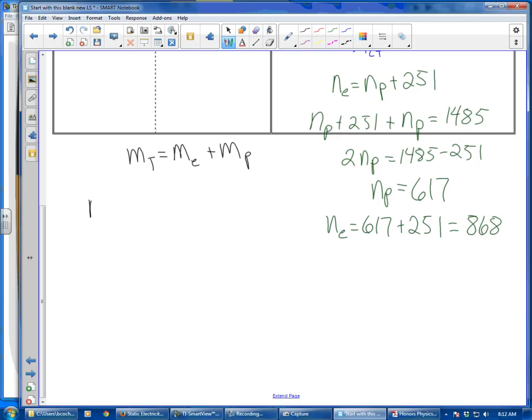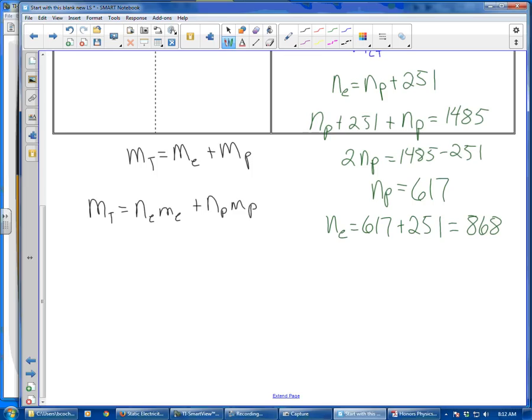The mass the electrons bring will be the number of electrons times the mass of an electron, let's use a lowercase m here, plus the number of protons times the mass of a proton. You know the number of protons, you know the number of electrons.